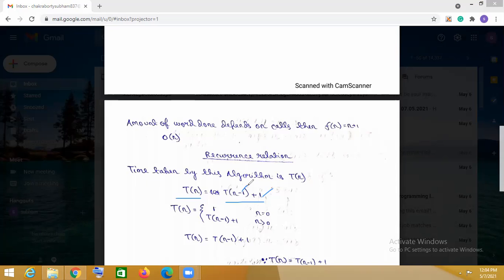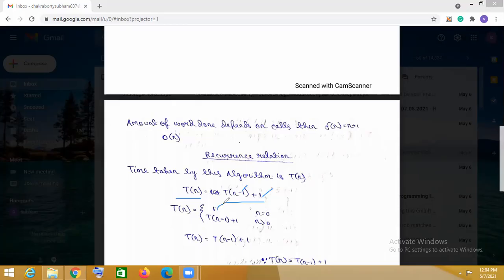Clear? So now this function's Tn is equal to 1 when n value is 0. When n value is 0, it is only checking the condition, but after that nothing is performed because the if condition fails. So the checking requires 1 unit of time.